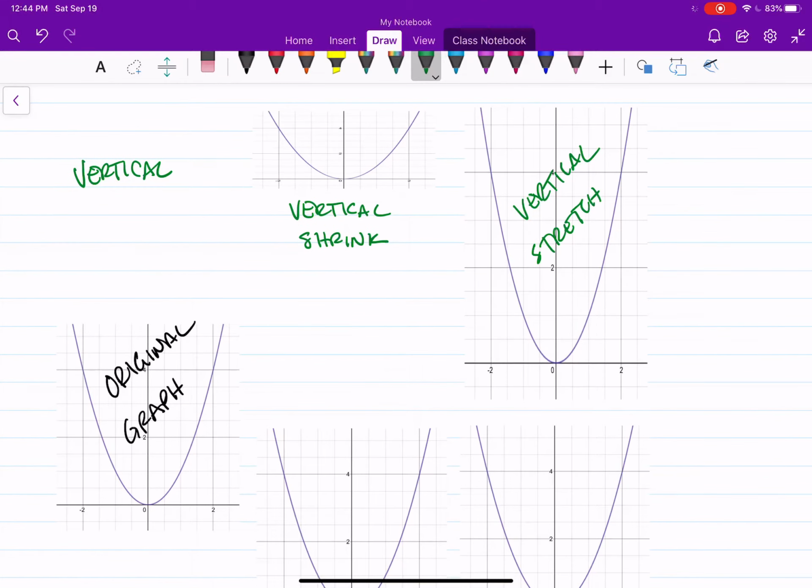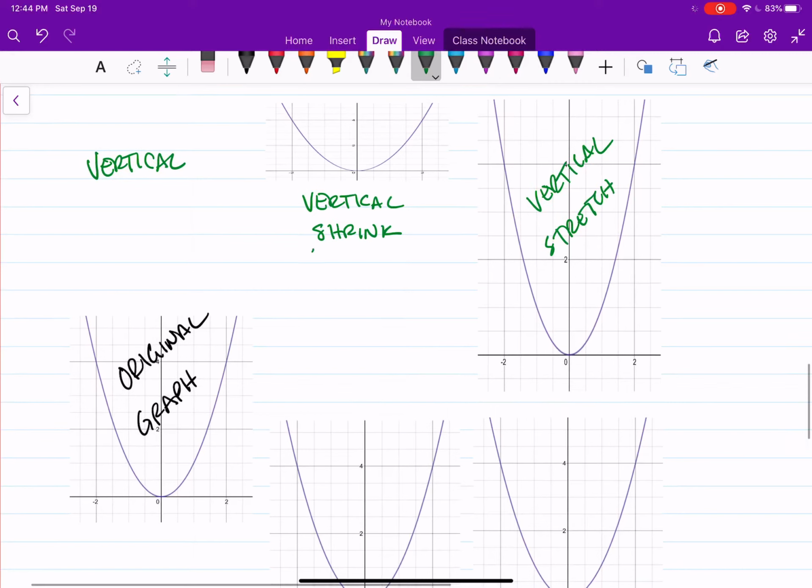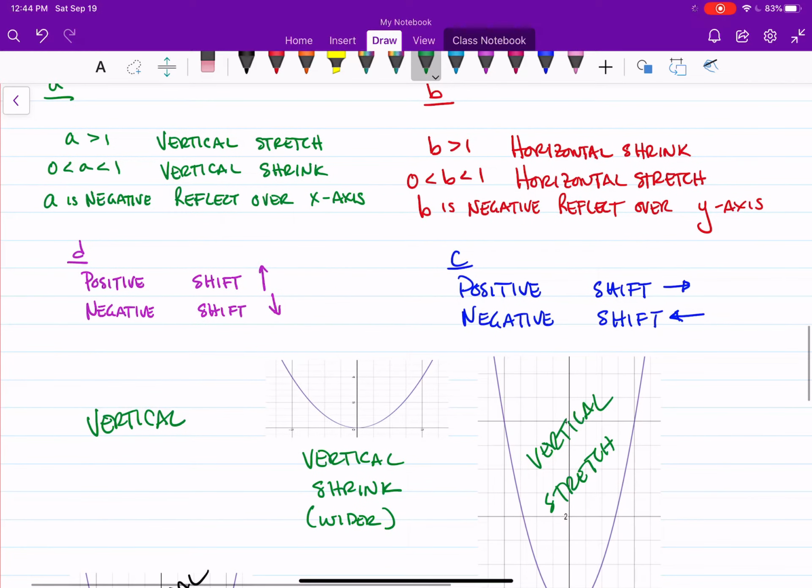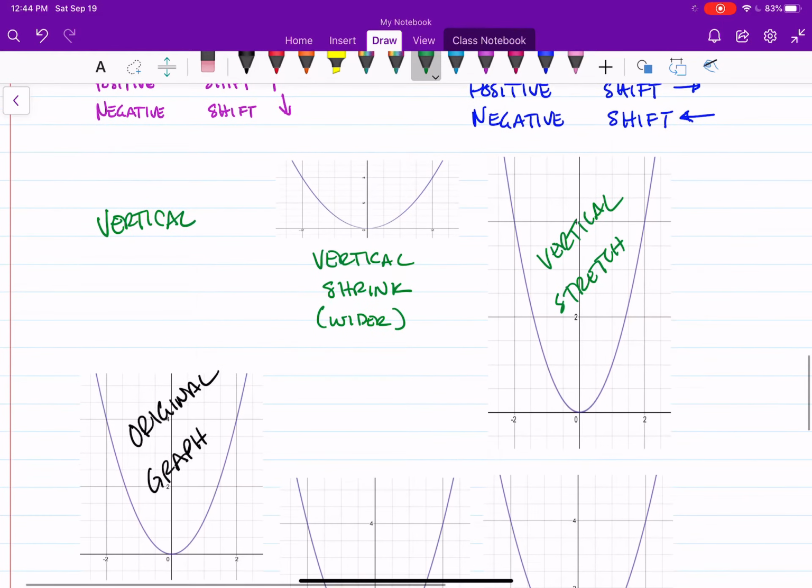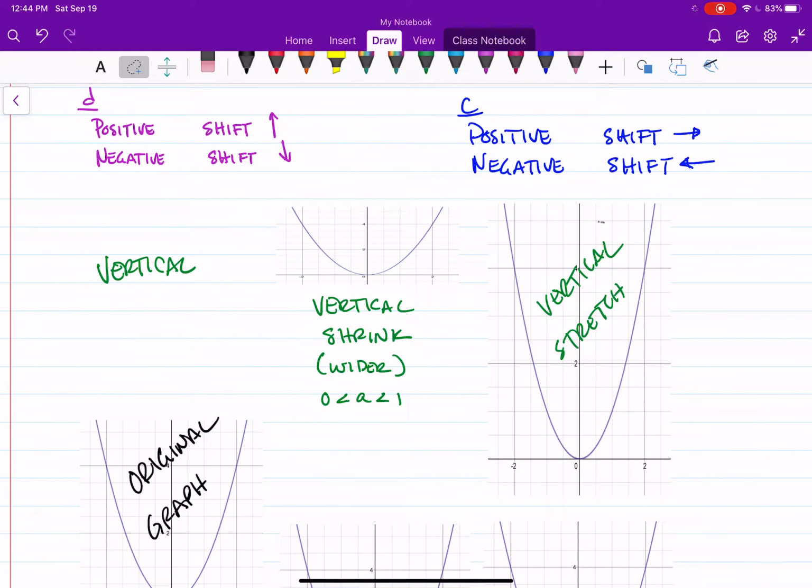So the vertical stretch actually made, compared to the original graph, actually looks narrower, okay? All right, so how about I put it this way? In parentheses, I would say this is wider. And with a vertical shrink, right? 0 less than A less than 1, right? For a vertical stretch, right?